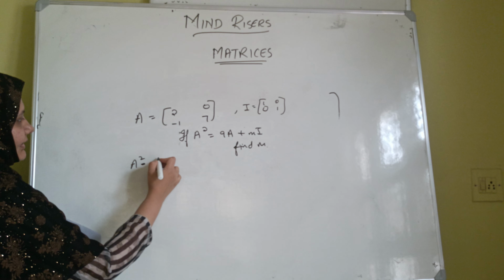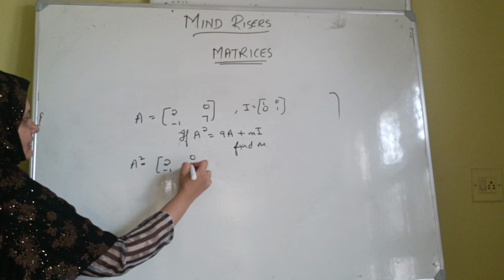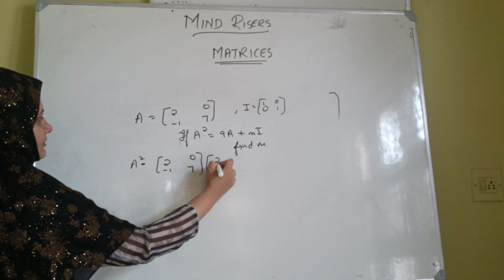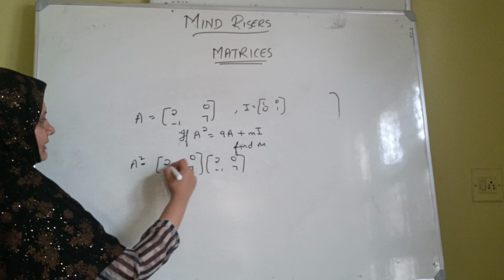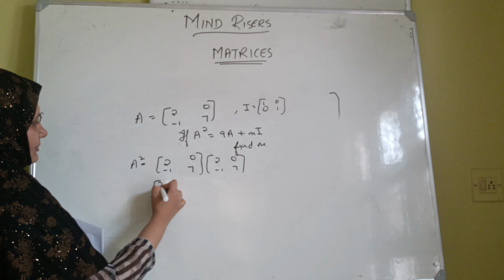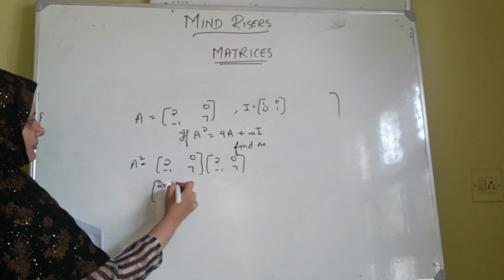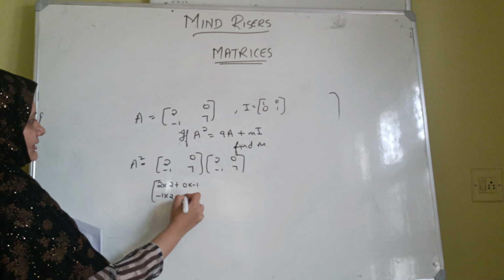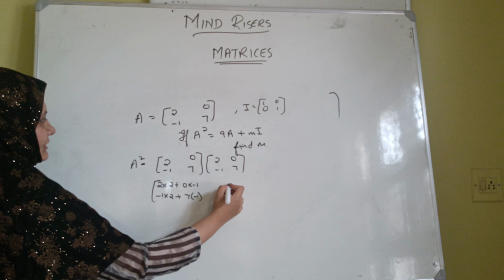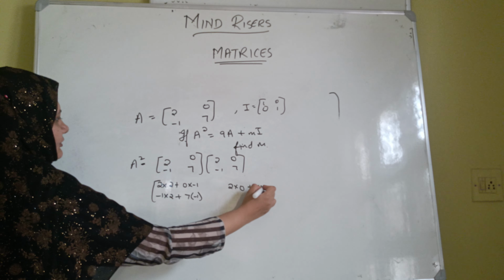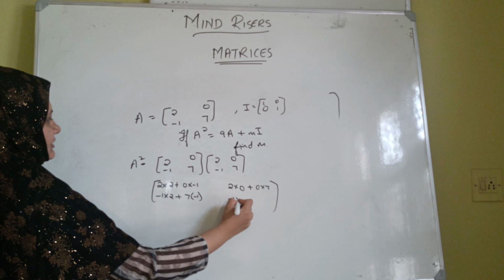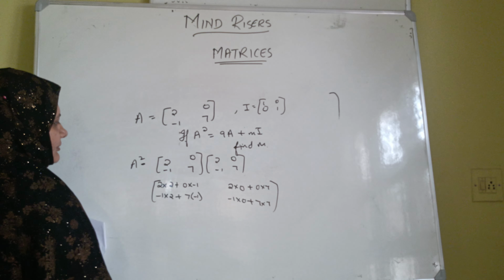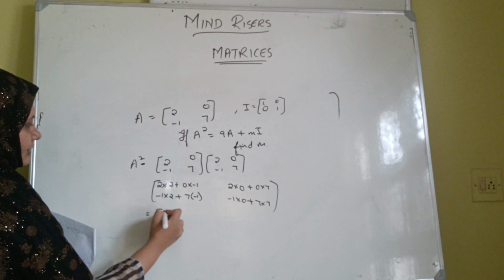So first step, find out A square, 2 minus 1, 0 and 7 into 2 minus 1, 0 and 7. So on multiplication, what do we get? 2 cross 2 plus 0 into minus 1, minus 1 into 2 plus 7 into minus 1, then 2 into 0 plus 0 into 7. Minus 1 into 0 plus 7 into 7.